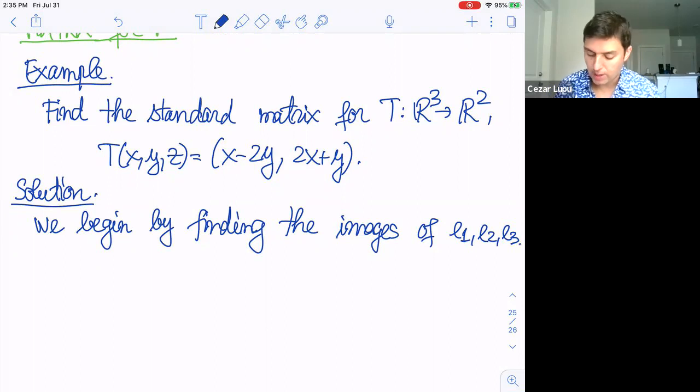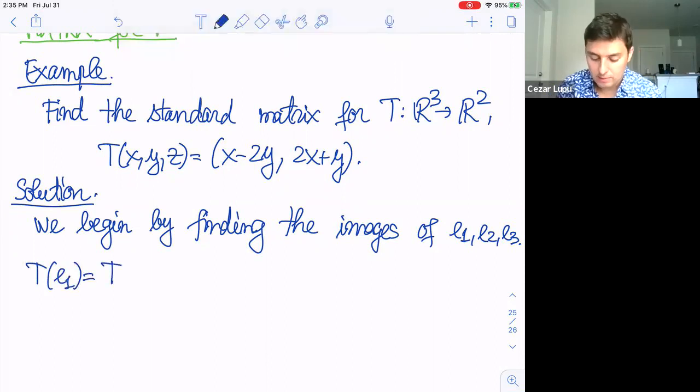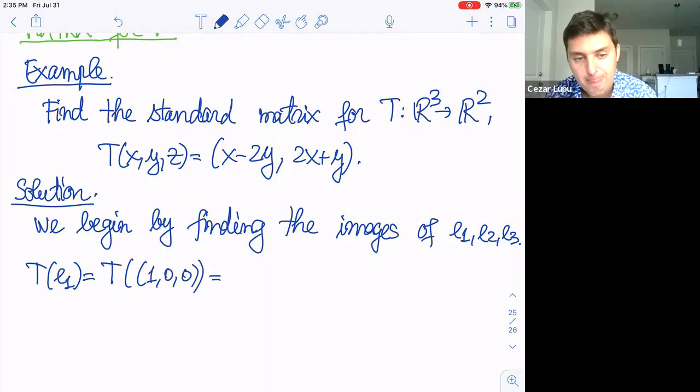All right, okay. So I need to look at T of e1. Keep in mind that T of e1 will be T of 1, 0, 0, right? This is my vector e1, which will give us what? Can you tell me what this is?